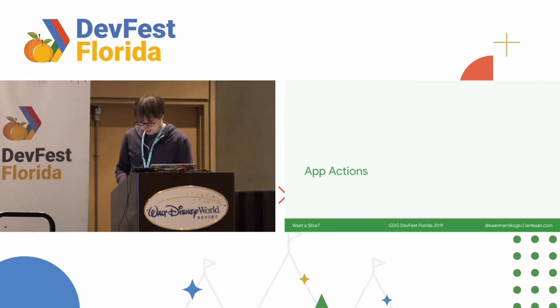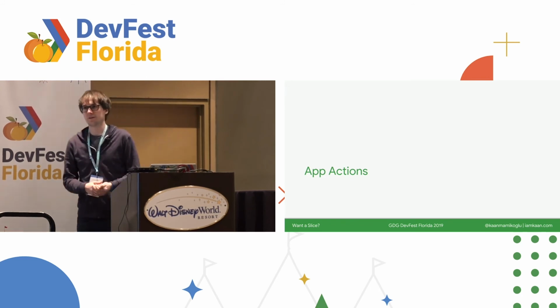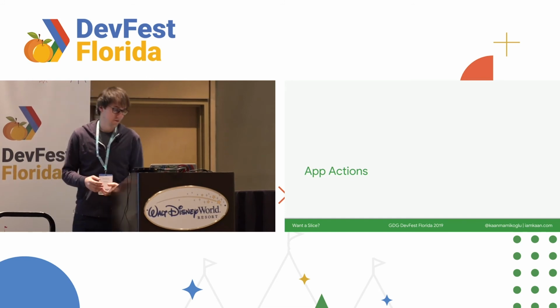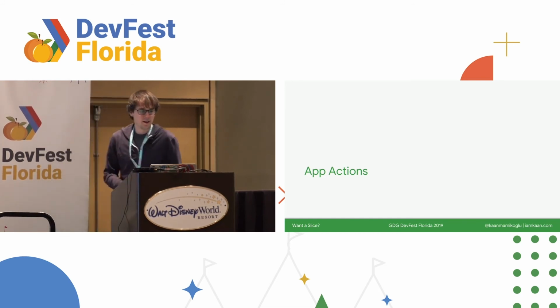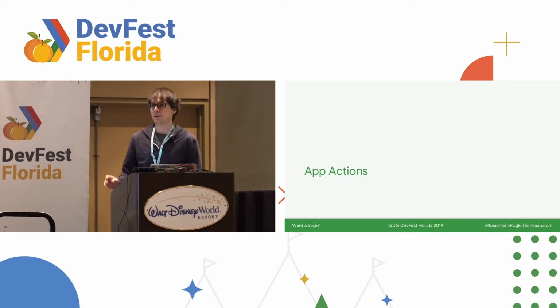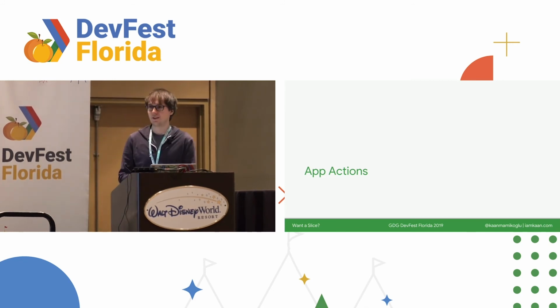So quickly, I'll mention Android App Actions. Initially, when they announced slices they also announced Android App Actions, and these were very tightly coupled. That's why I'll quickly mention it. Have you ever heard of App Actions, which are not exactly the same as Actions on Google, but pretty similar?